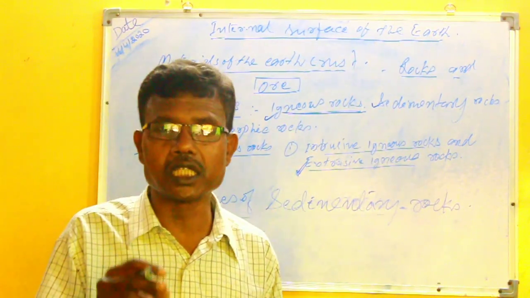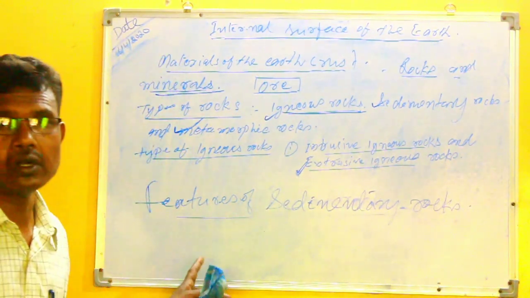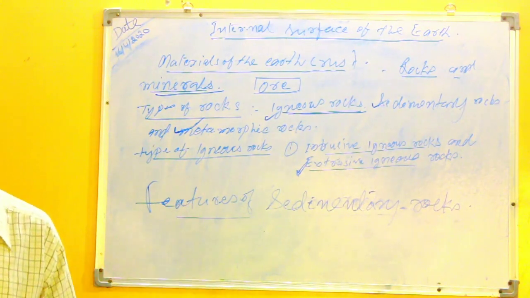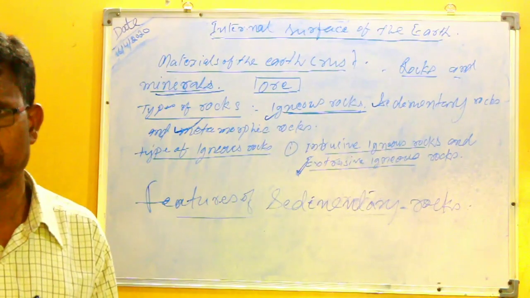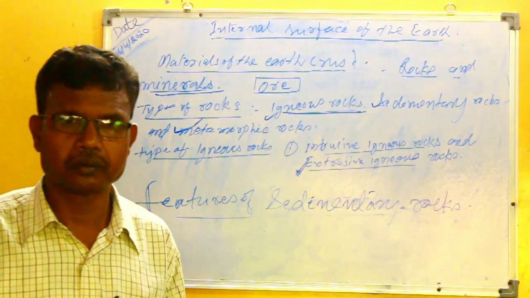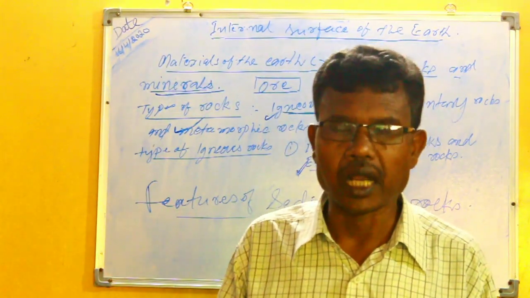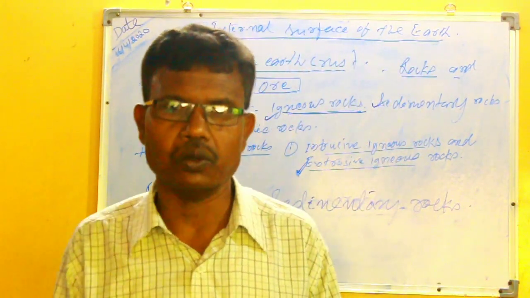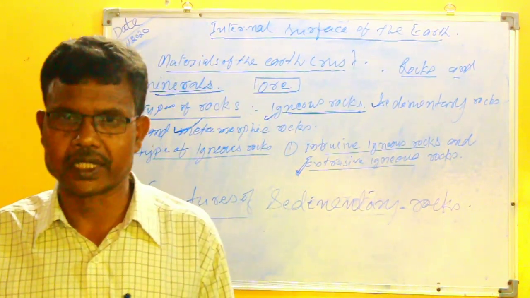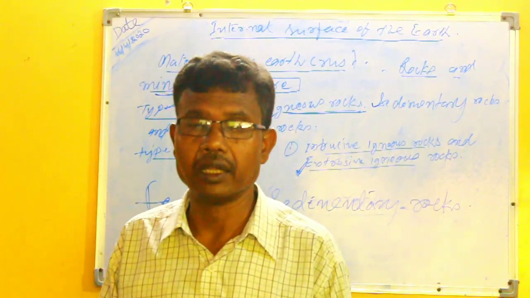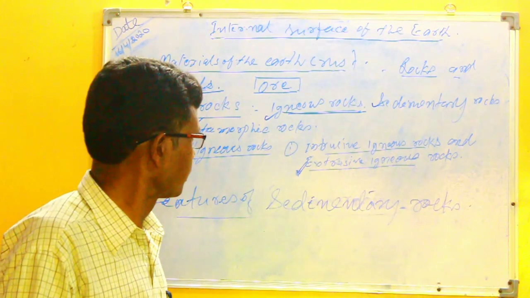The original properties of these rocks get changed due to great heat and pressure inside the earth. For example, granite changes into gneiss, limestone changes into marble, sandstone changes into quartzite, and coal changes into graphite.